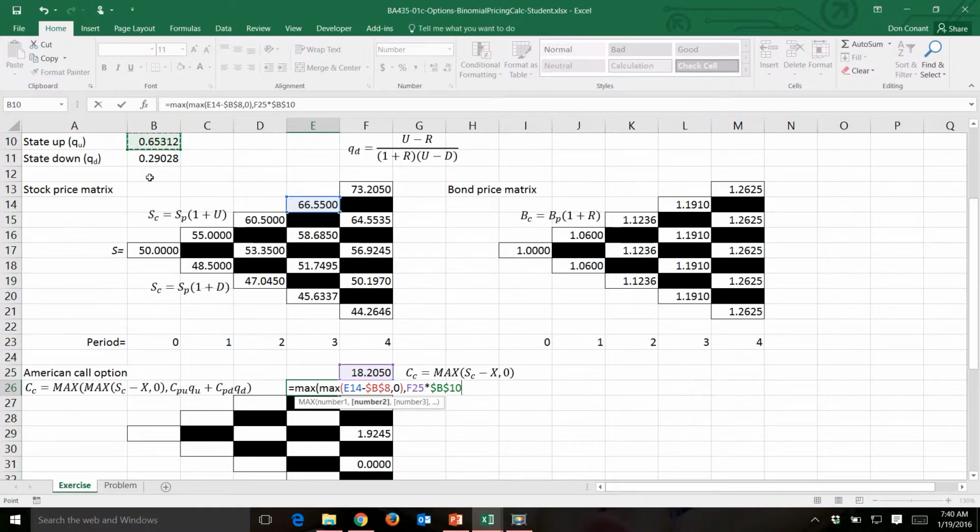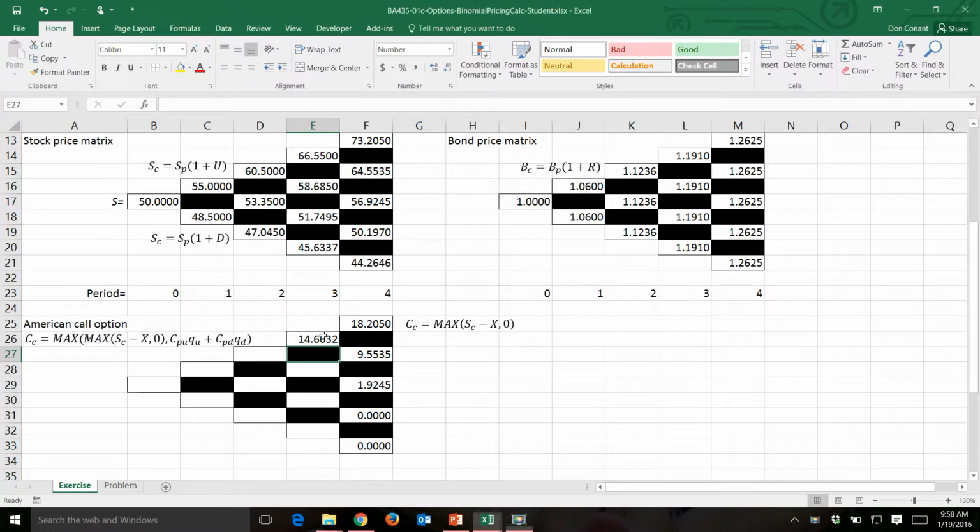Plus the downstate. Excel's in our way here, so I'm just going to put my cursor here and move up one. That gets me to F27 times the probability of the downstate, and make that absolute. And then I'll close that max statement. Press Enter.